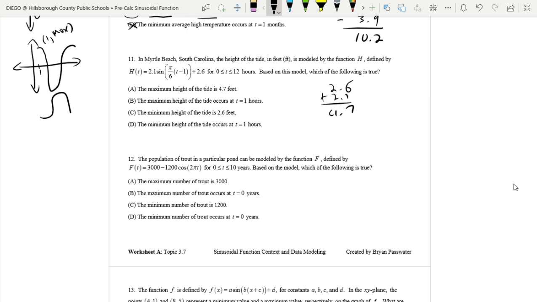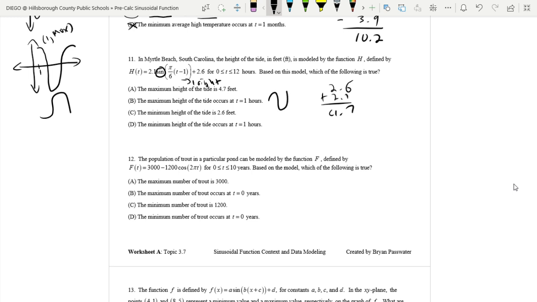B is saying that the maximum height of the tide occurs at t equals 1 hour. So this one is shifted 1 unit to the right. And it's saying that the maximum height of the tide occurs at t equals 1. Okay, so this is a sine graph. What does that mean? That means our graph is going to look like that.